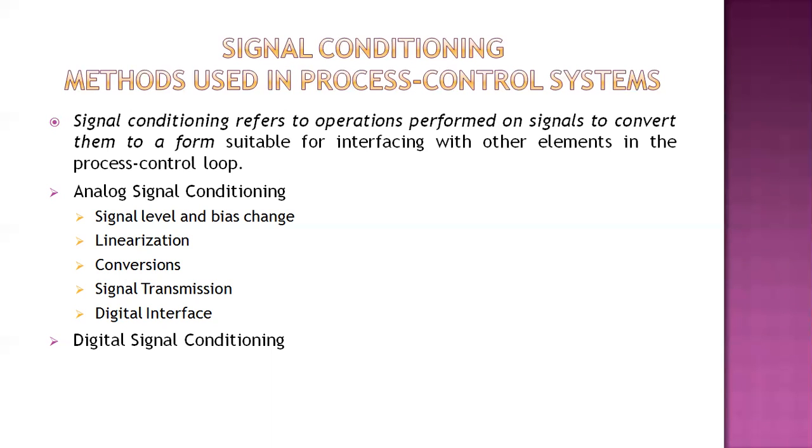The second one is linearization. The purpose of linearization is to provide an output that varies linearly with some variable even if the sensor output does not. Then the third is conversion. Signal conditioning is used to convert one type of electrical variation into another.